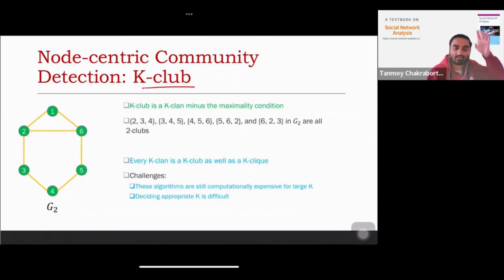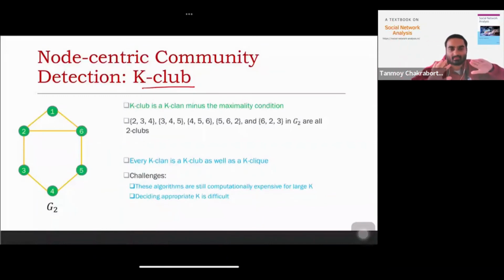So K-clan, remember, preserves all the restrictions of K-click, meaning K-clan is a maximal subset of nodes whose, when you take the induced subgraph of those nodes, the shortest path distance between any pair of nodes should be less than or equal to K. So maximality condition, induced subgraph condition, and the distance condition in the K-clan. In K-club, we remove the maximality condition.